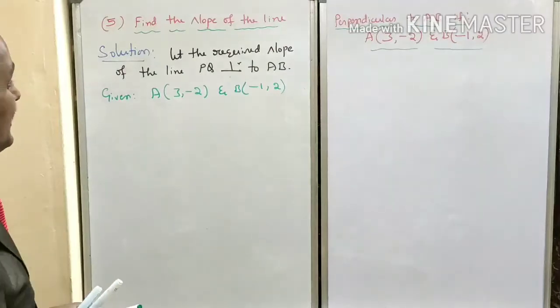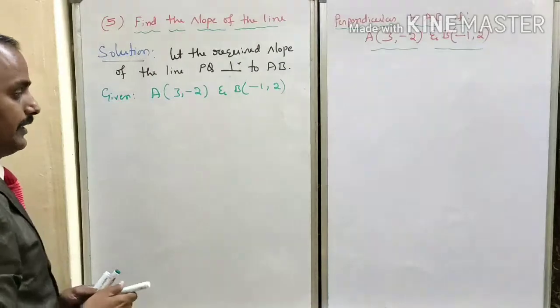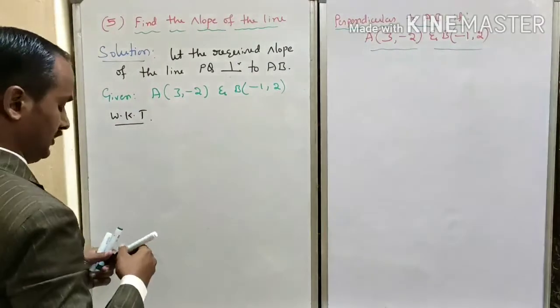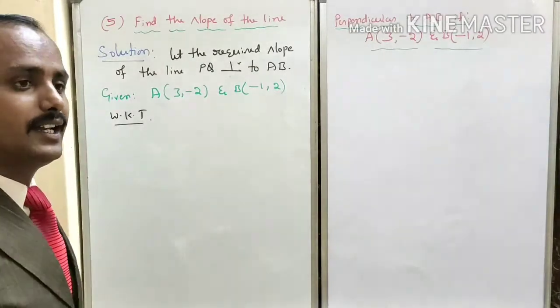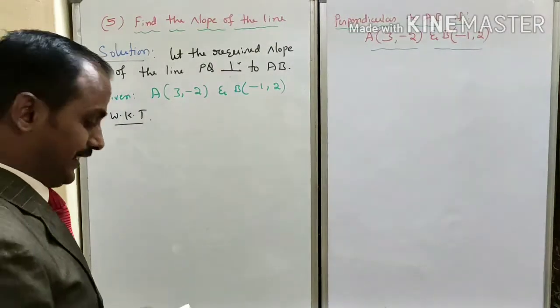What do you know about perpendicular lines? Yes, we know that if two lines are perpendicular to each other, the product of their slopes is minus 1. I write the conclusion.